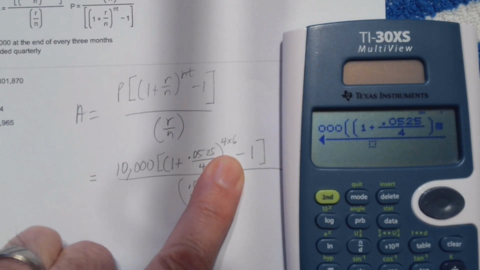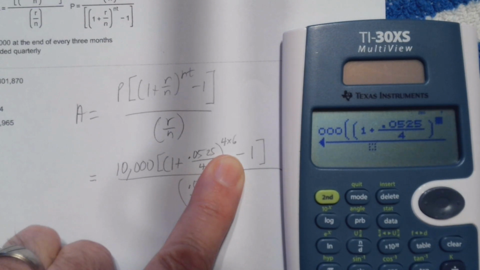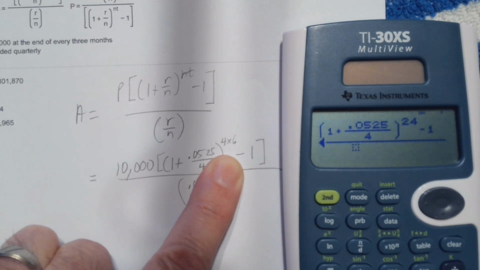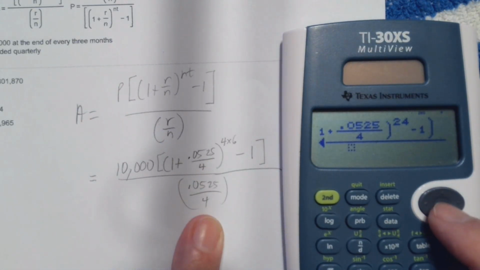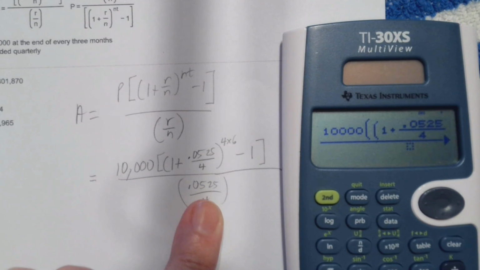Now we could put to the 4 times 6 power, I'll just put 24. 4 times 6 is 24. And then minus 1. And then we'll go down into the denominator. You don't really need parentheses around this. You could certainly put them in.